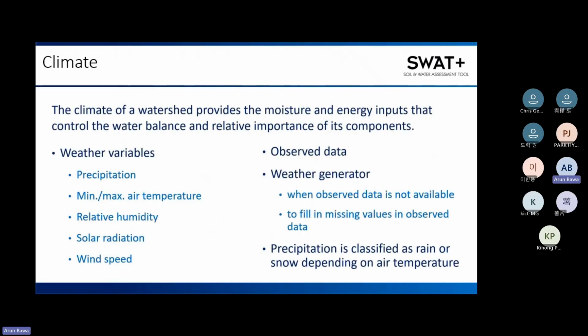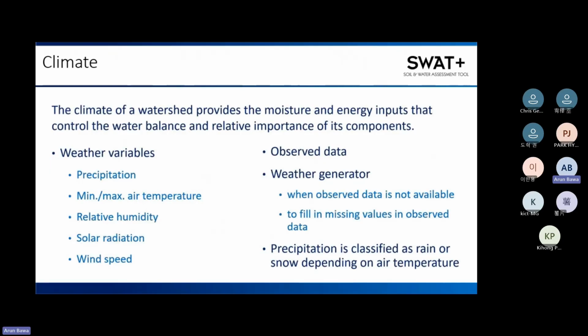Why do we need these? It depends. When I'm doing this presentation, I am assuming that you are familiar with the basic concepts of hydrology, like what is surface runoff, what is infiltration, what is evapotranspiration, and potential. Okay, if you don't know them, talk with me during the breaks, and I will explain them in detail.